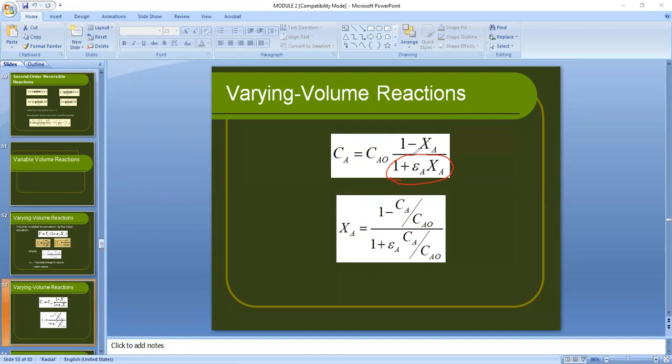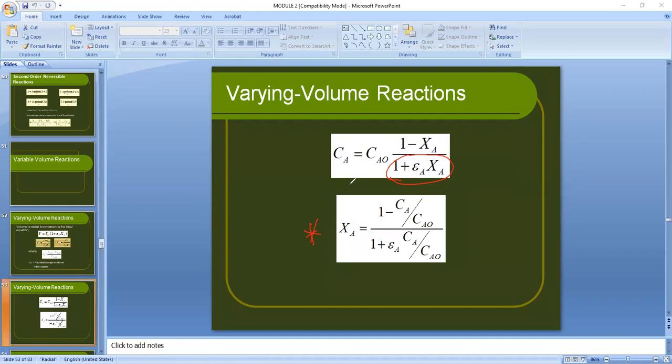But if it's a variable volume reaction, we need to account for the variation in the volume, and it's compensated by this expression that appears in the denominator of the original formula used in determining C sub A. So this is the original formula that is not encircled. You just divide it by 1 plus epsilon A XA. Now the formula you're seeing here for the conversion is just derived from the one that you see on top.